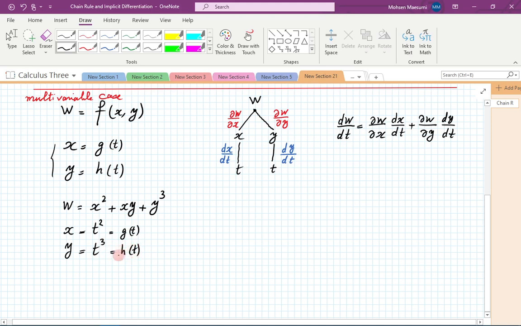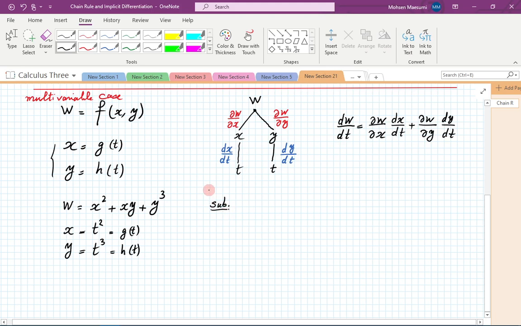So in this problem it is easy enough for us to do direct substitution, that is, pick these definitions of x and y, plug them in here, then we'll have W in terms of t, and we can differentiate. So just as in the 1D case, let's go ahead and show what it is that we are after.